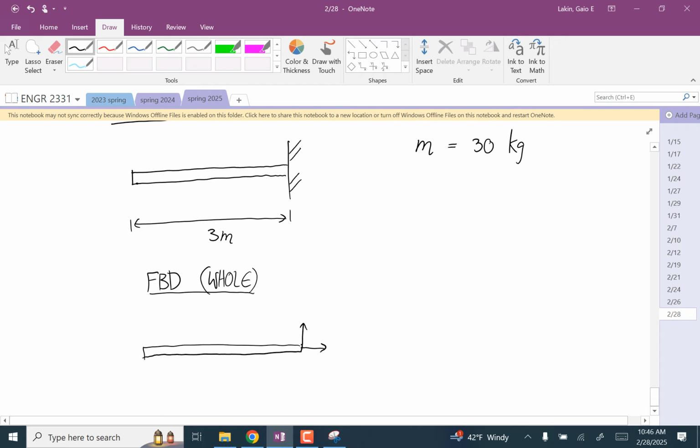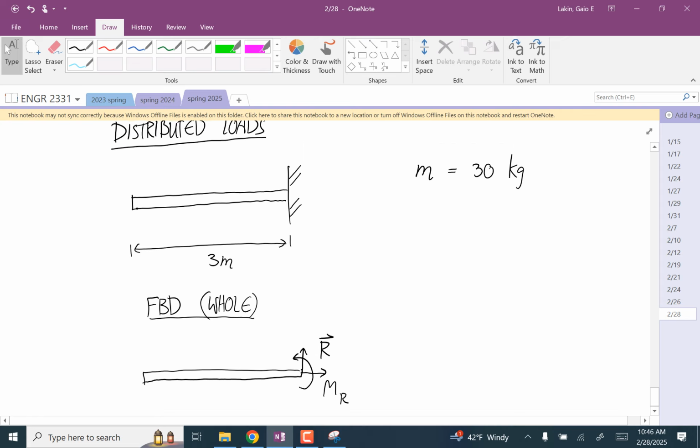Over here, we have a reaction force. We also have a reaction couple, MR. But the weight is a uniform distributed load, and this mass means that mg is equal to 294.3.